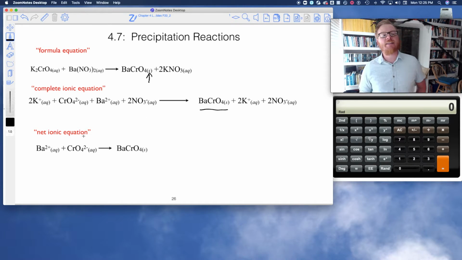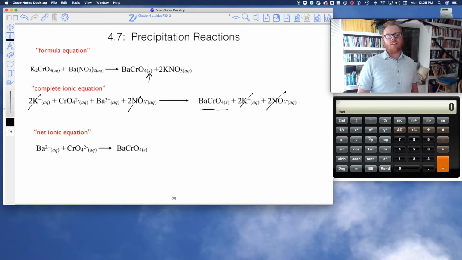And now finally, to get to the net ionic equation, let me show you a cool trick you can do. Because in math, as well as chemical reactions, if the left side equals the right side, then they cancel out. So check it out, 2K+ and 2K+, they're gone. And 2NO3- and 2NO3-, those are gone.